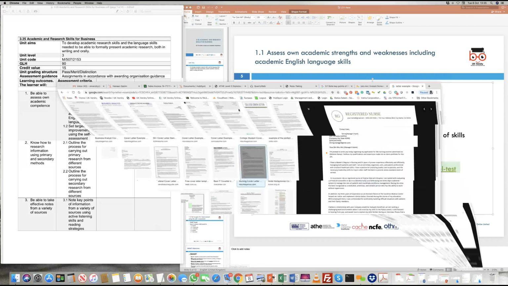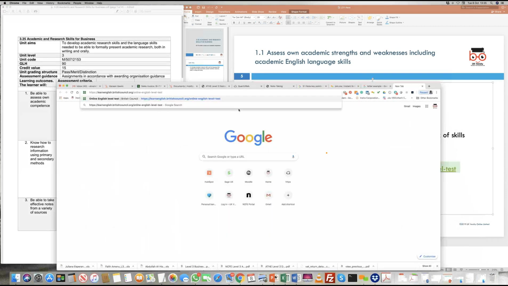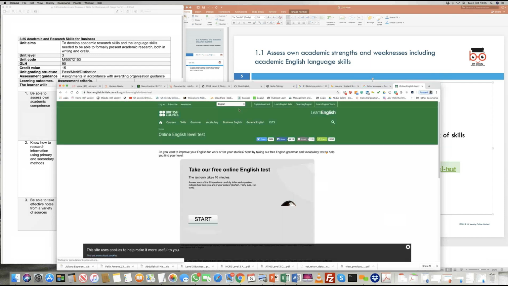So we don't want to learn what the hard skills and soft skills are. But with that understanding, what the activity is asking us to do is primarily look at the strengths and weaknesses, mainly in the area of English language skills.